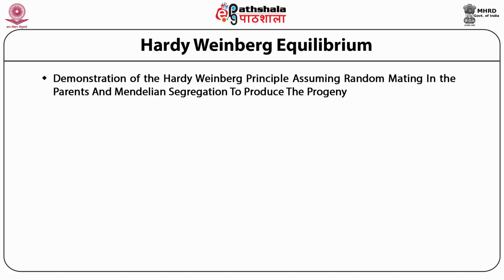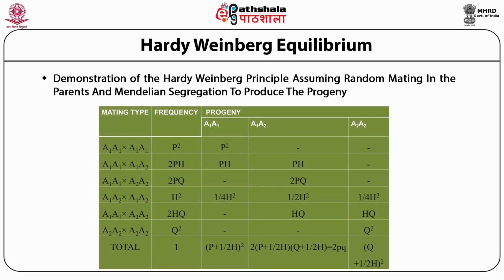As we can see in this chart, we have individuals with 3 different genotypes, namely A1A1, A1A2 and A2A2. The frequency of these three different genotypes can be represented by the letters P, H, and Q respectively. Random mating between them results in 6 types of mating, which is given in the first row of the chart.